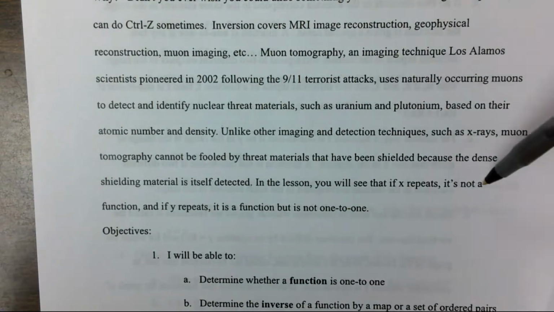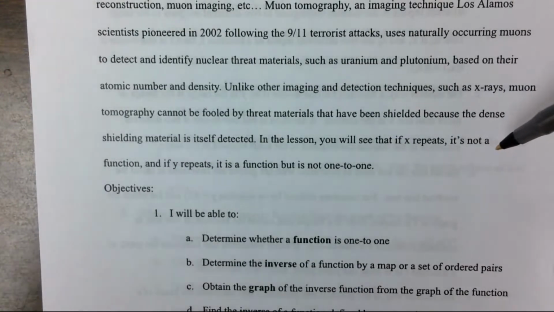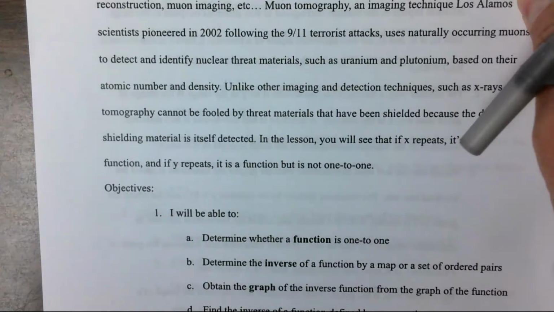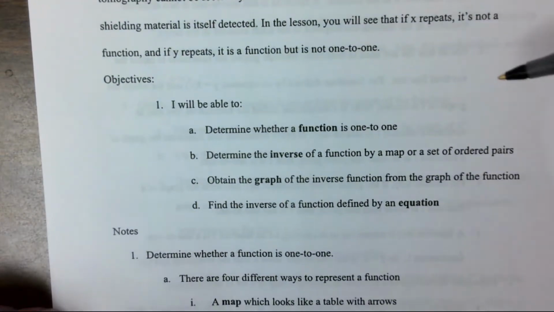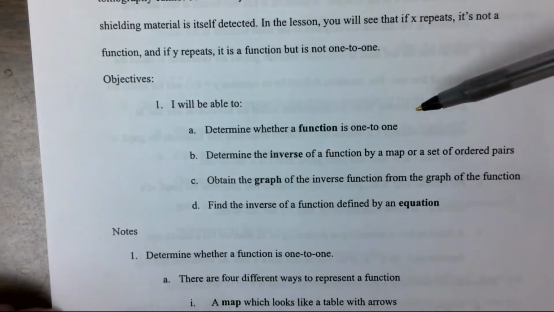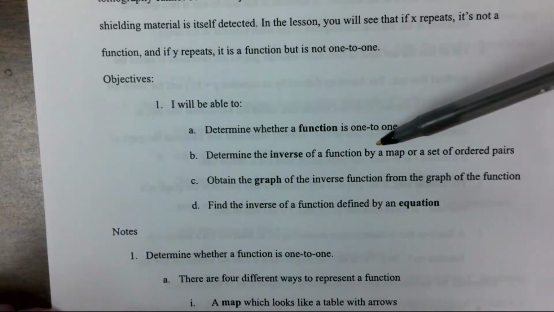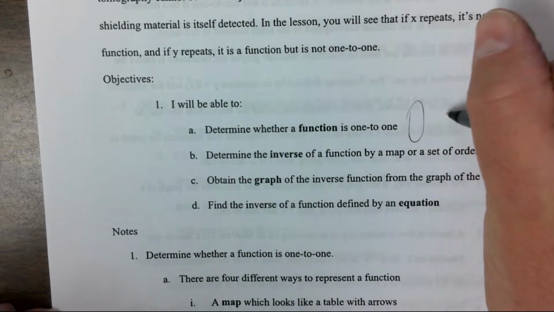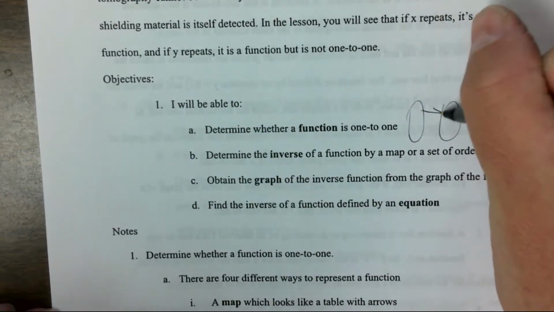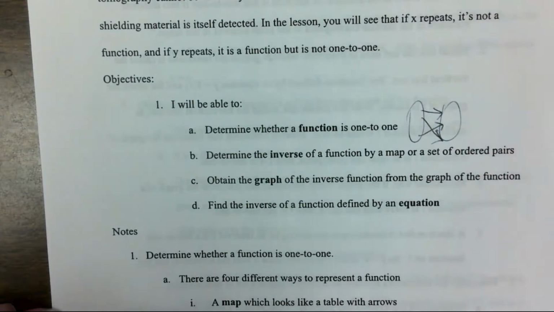In this lesson, you'll see that if x repeats, it's not a function, and if y repeats, it is a function, but it's not one-to-one. So your objectives, again, are to determine whether a function is one-to-one, and determine the inverse by a map or set of ordered pairs, meaning like a mapping. They could do something like that with different numbers that would be one-to-one.